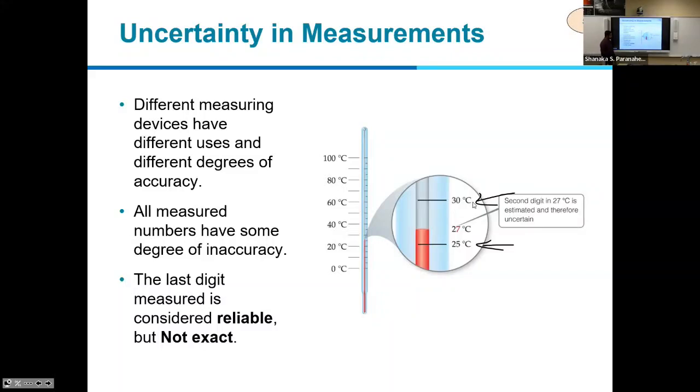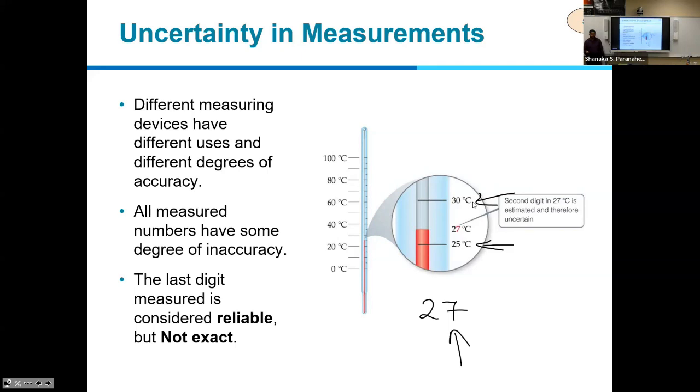So if our temperature is going to be like this, now we have to report our data. It is not going to be 25 Celsius because it's a little higher than 25, and it is not 30 Celsius because it's below 30 Celsius. So it's somewhere in between 25 and 30. We can record this as 27. This is something that we are going to estimate.